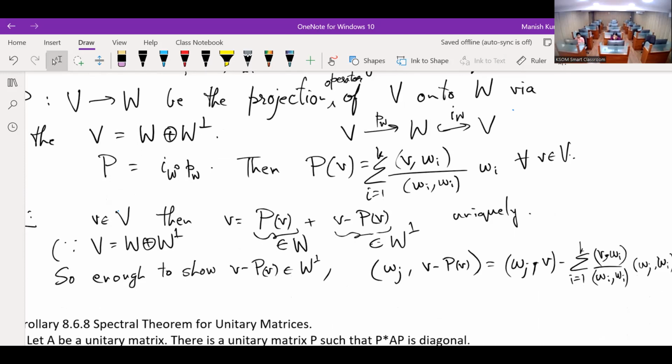So maybe let's write it differently. Let's call this right hand side something, otherwise it looks like a cyclic argument. Sorry. Maybe. So let's.